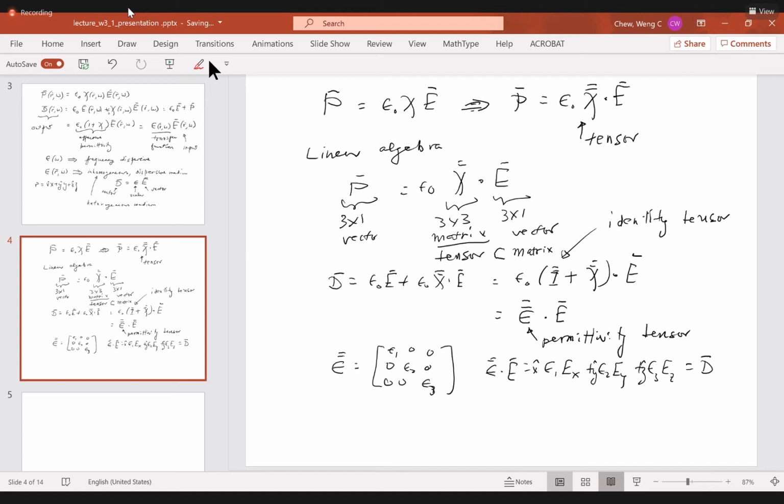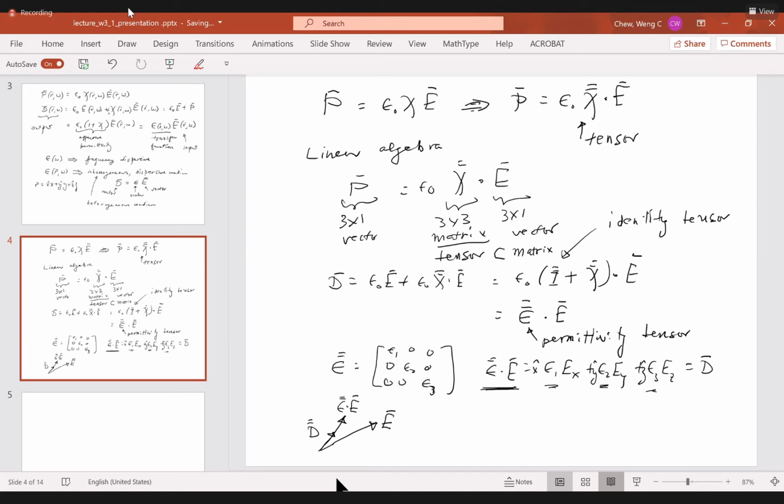If I have an electric field E pointing in this direction, then epsilon dot E may not point in the same direction as E, because these 3 coefficients can be different. So D points in this direction, and D and E do not point in the same direction.